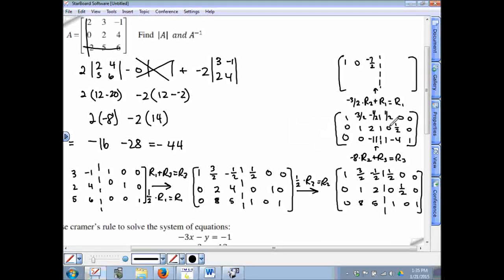And here we have negative 3/2 times 0, which is 0. 0 plus 1/2 is 1/2. Negative 3/2 times 1/2 is -3/4. -3/4 plus 0 is -3/4. And then -3/2 times 0 is 0. 0 plus 0 is 0.